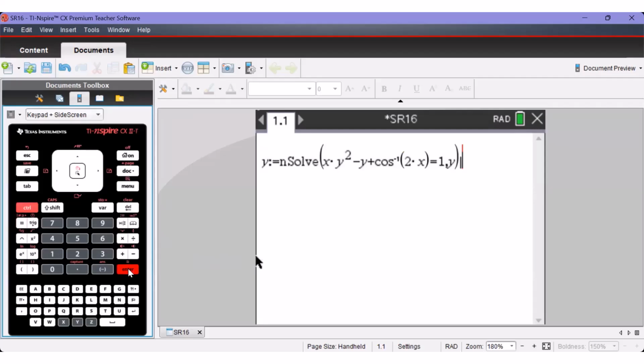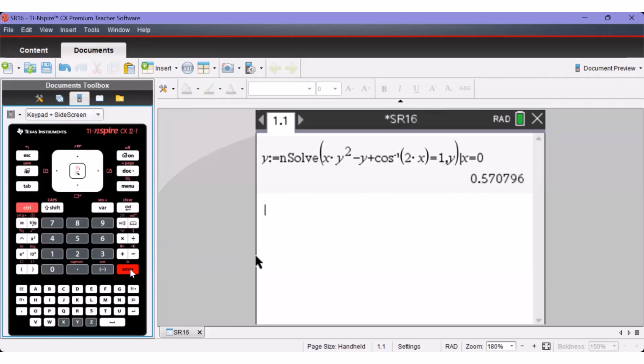Press enter, and then we will add the condition x equals 0. Press enter, and when x is equal to 0, y is equal to 0.5707, etc. So we have determined the y-coordinate of A.